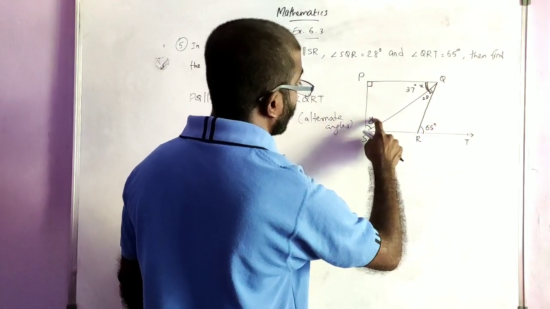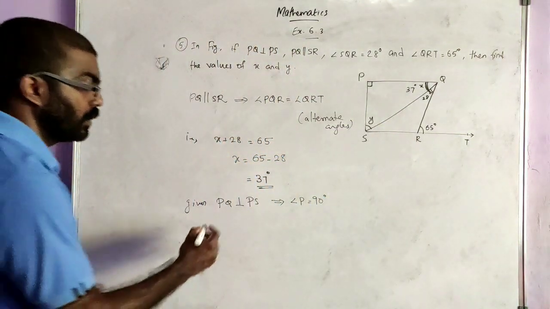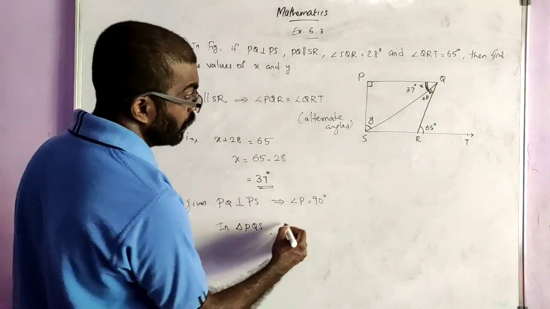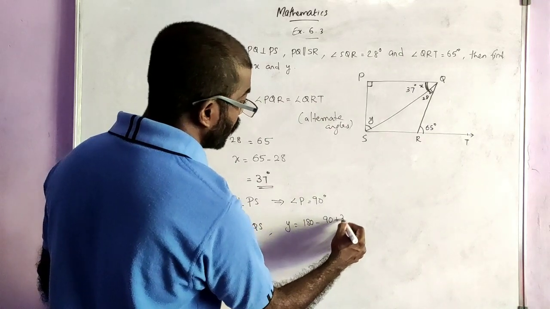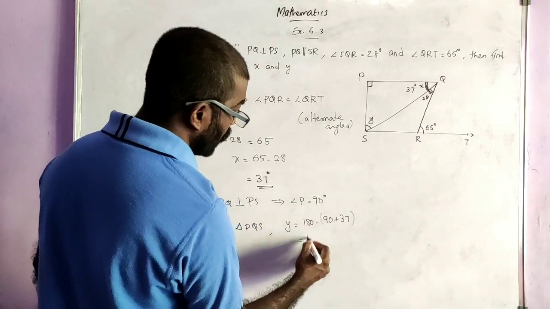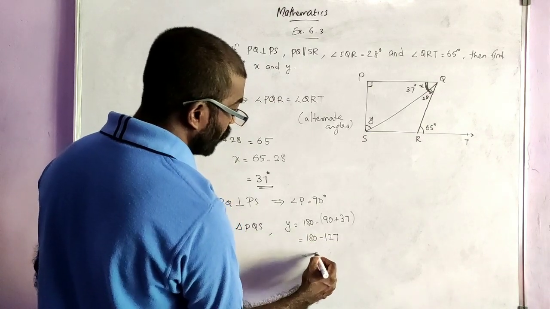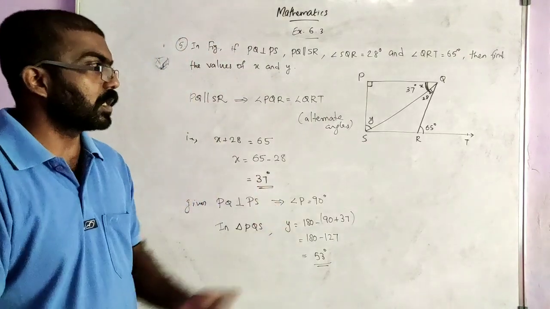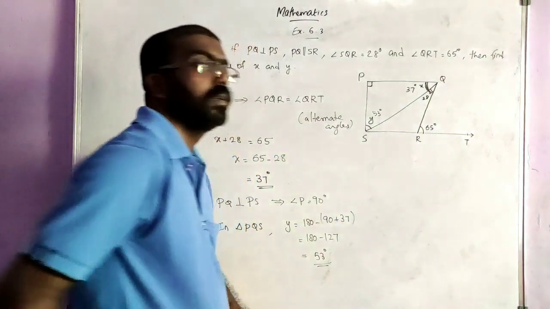In order to find the measure of Y, we can apply the angle sum property. So in triangle PQS, Y is equal to 180 minus (90 plus 37). That is 180 minus 127, which gives 53 degrees. So X equals 37 and Y is equal to 53 degrees. Clear?